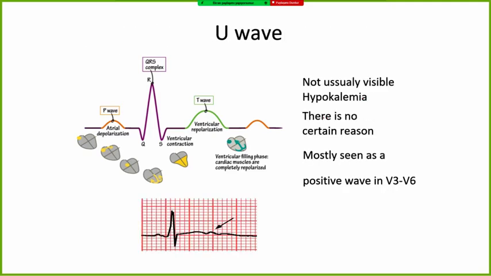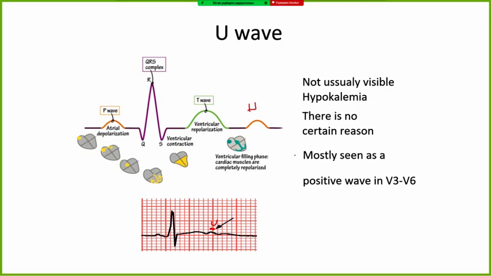The U wave is the last wave that can be seen, but it's not usually visible. It can be due to hypokalemia, but there is no certain reason. It is mostly seen as a positive wave in V3 through V6. Here, as you can see, this is the U wave.